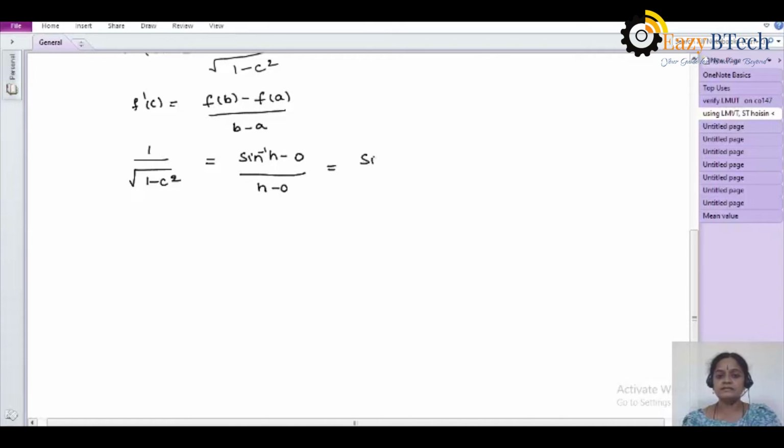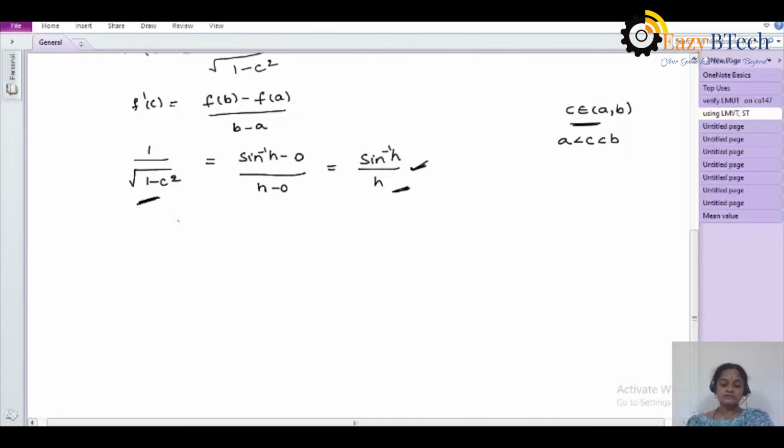Finally the answer is sine inverse h by h. Remember this answer, students. So 1 by root of 1 minus c square is equal to sine inverse h by h. Coming to the proof of the given question. Suppose we know that c belongs to (a, b), according to this condition we may write this as a less than c less than b.